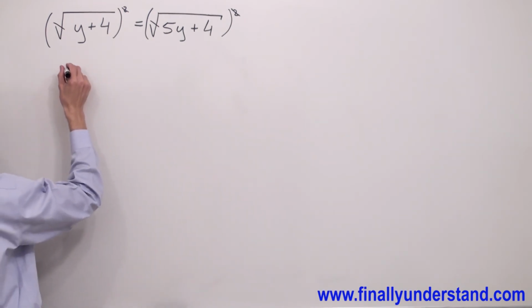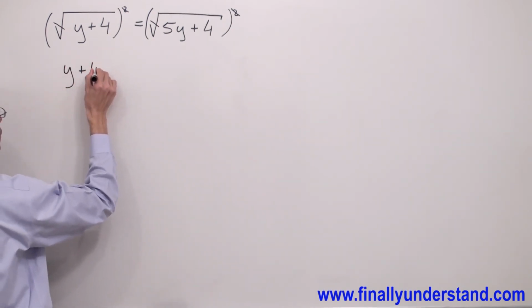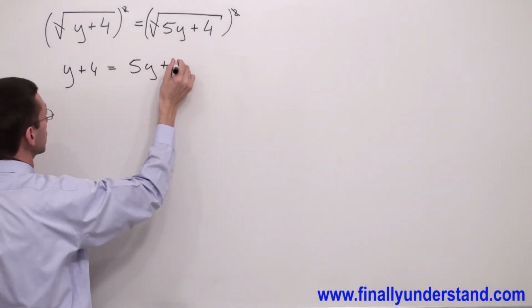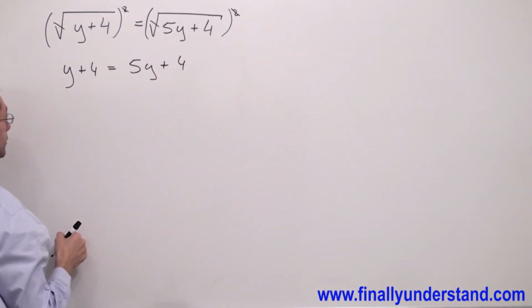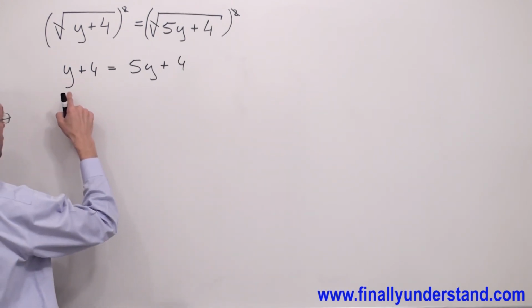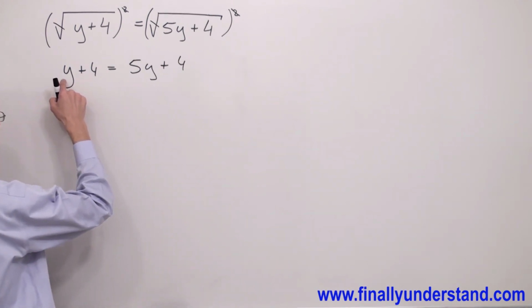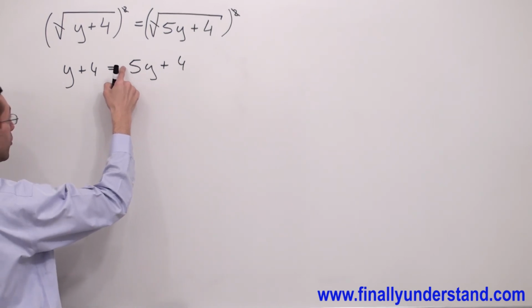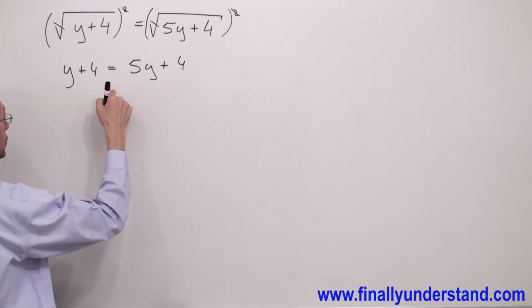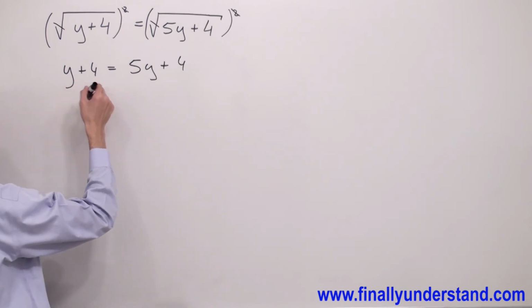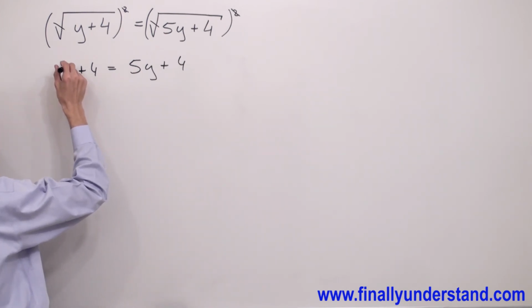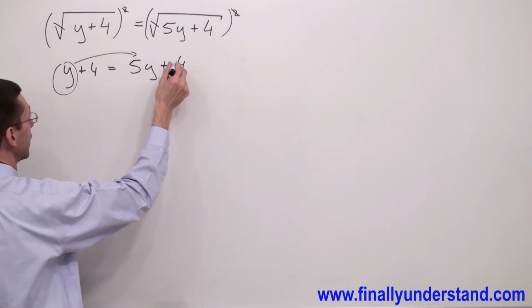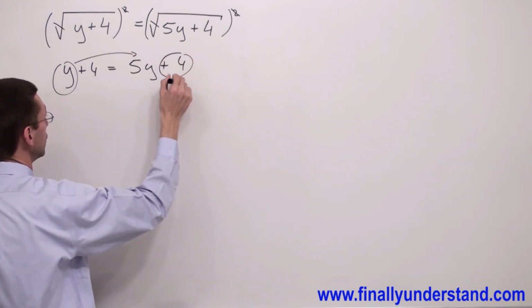And I have y plus 4 equals 5y plus 4. Now, please take a look. We have y on the left side and I have 5y on the right side. I have positive 5y. In order to avoid creating negative terms, I'm going to move this y to the right side and this 4 to the left side.